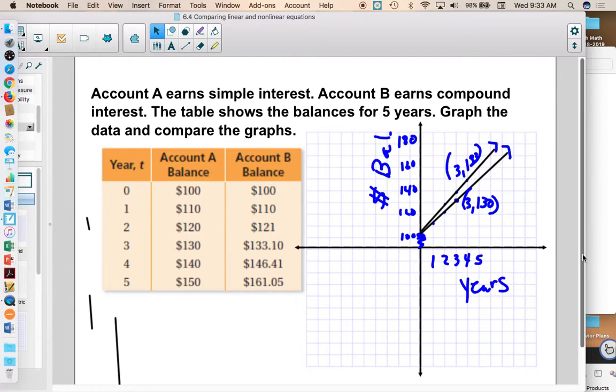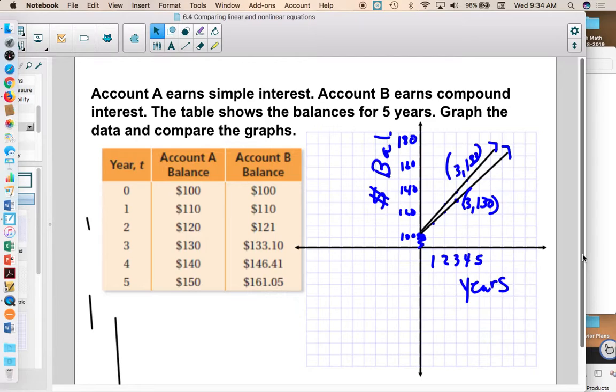And so at the end of the first quarter, if you had $100, let's make this even easier, and you had 10% compound interest, what would you have at the end of the first quarter? $110. At the end of the second quarter, you're going to earn another 10% interest. You have 110 going into the second quarter.